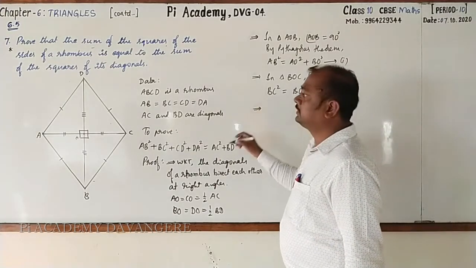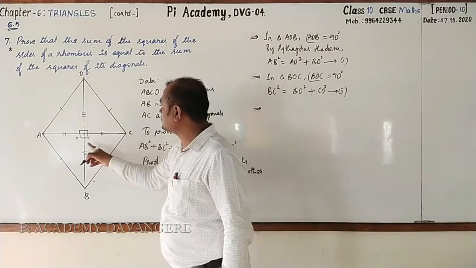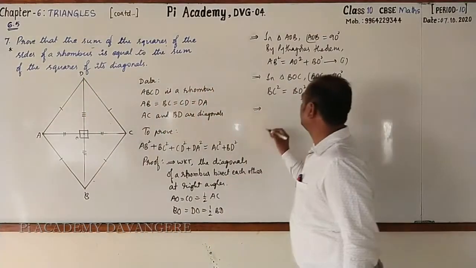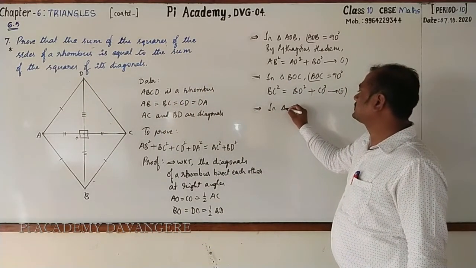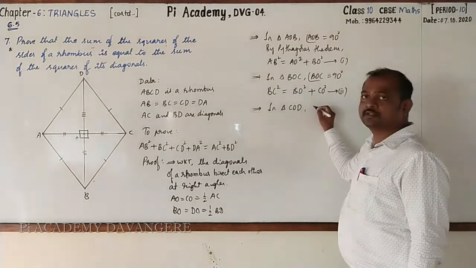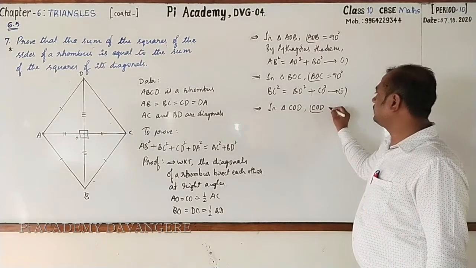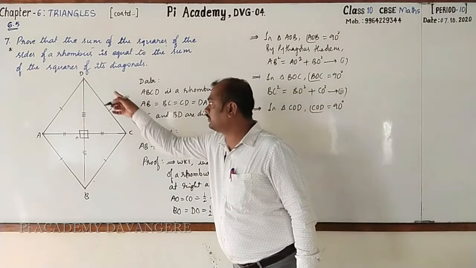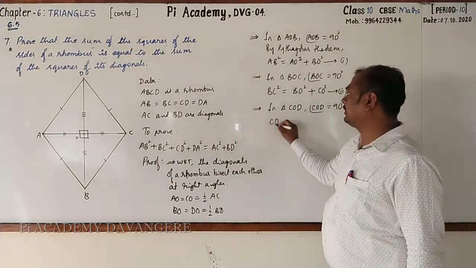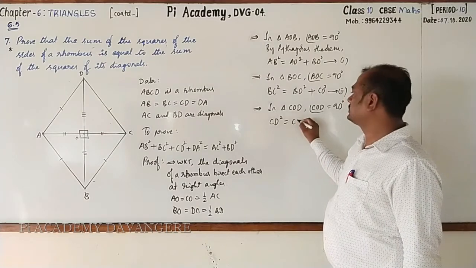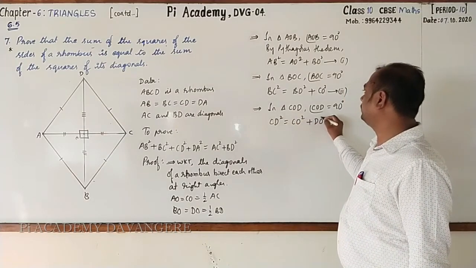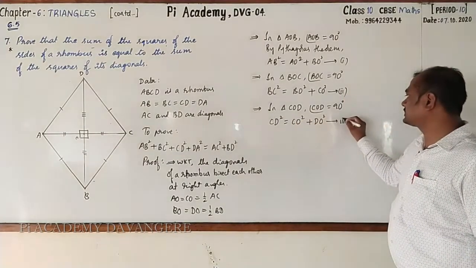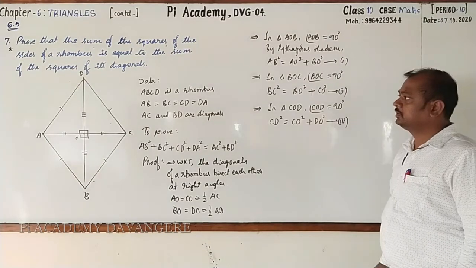Next, the third triangle, COD. In triangle COD, angle COD is 90 degree. Use the Pythagoras theorem and write CD square is equal to CO square plus DO square. Call it statement 3.